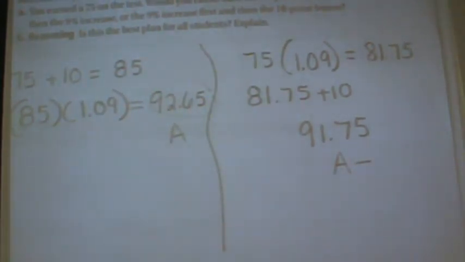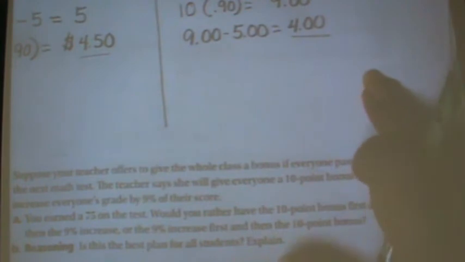So how did I know? I did a sample, and I looked at my numbers, and you have to actually compare the two numbers based on what you want. Do you want a higher number or a lower number? In the pizza case, you wanted a lower number, because that's what you're paying. In the grade, you wanted a higher grade.